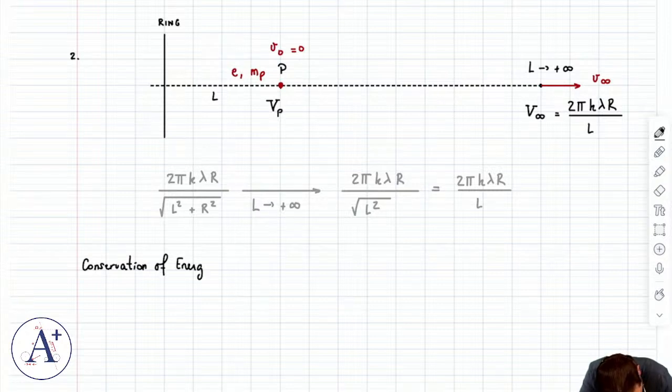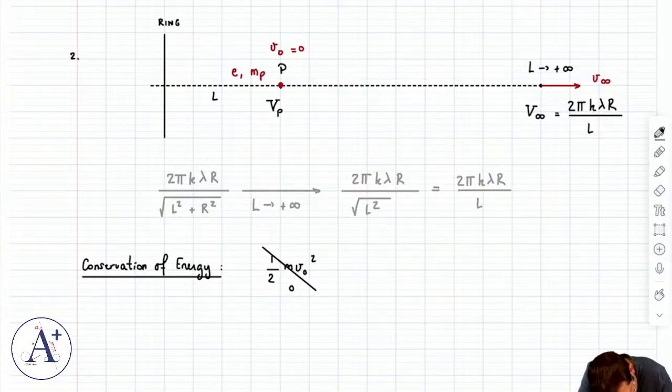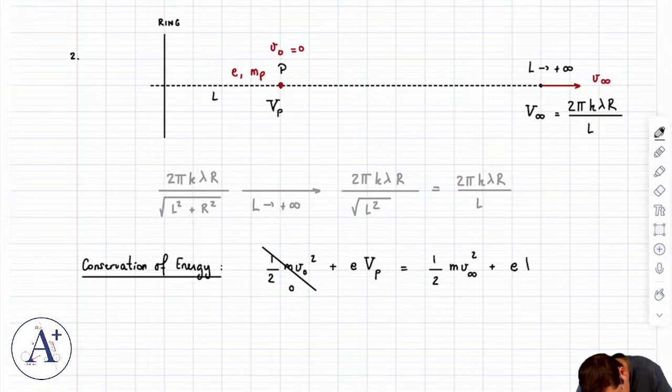It is a conservative force. Therefore, I get to write conservation of energy. Initial kinetic energy, 1/2 m v0 squared, which is of course 0, plus electric potential energy, which is charge e times electric potential Vp at that point, is equal to 1/2 m v infinity squared, that's what I'm solving for, plus e times capital V infinity.